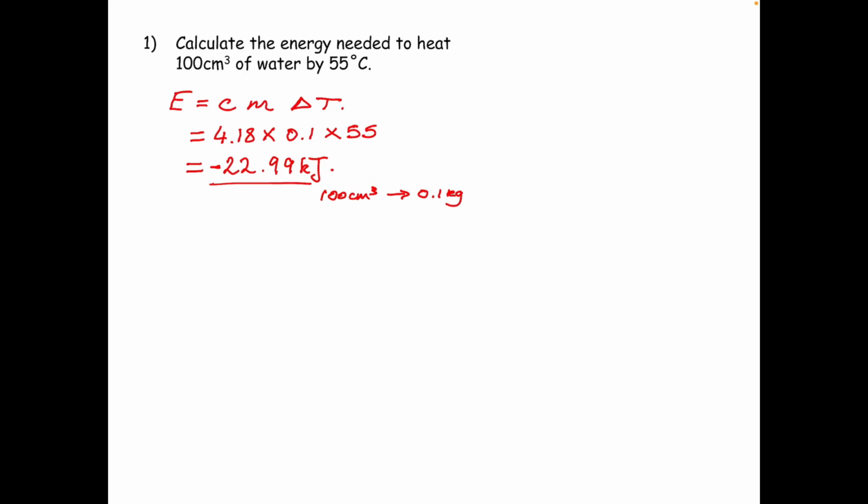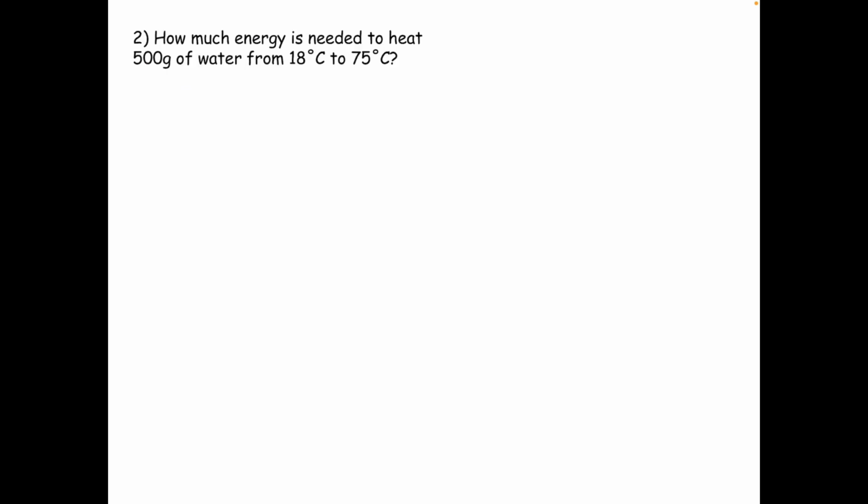And that is how we do our first question. I'm going to try the next one now and let you see how that's done. How much energy is needed to heat 500 grams of water from 18 degrees Celsius to 75 degrees Celsius? There's a few more steps in here, but it's just the same, with a few extra things.